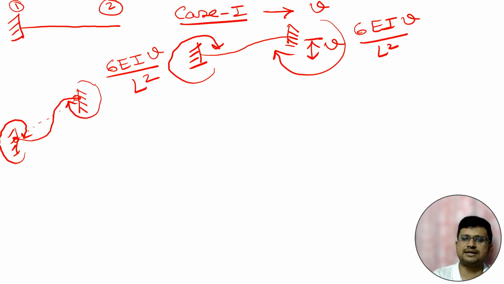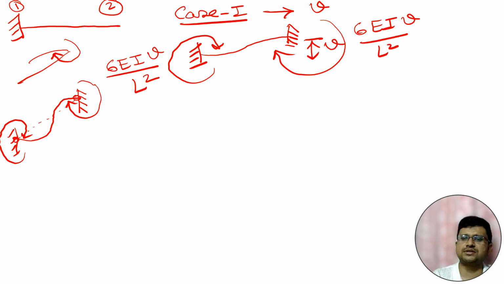So we are providing the restraining moment, and this will be the direction. Because if a beam is trying to move in this direction, and we want to change the displacement direction, we have to give some moment here, and obviously it will be clockwise here, and here also it will be clockwise, and that value will be 6 EI V by L square.